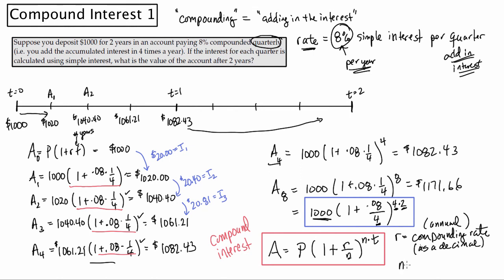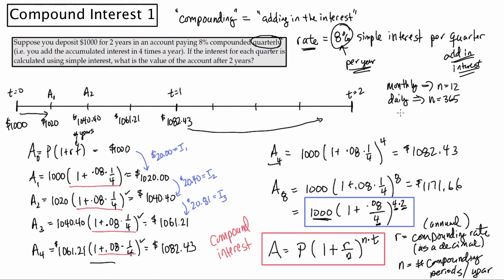N is called the number of compounding periods per year. And so just a quick glimpse at N, if I was compounding monthly, then N is 12. If I'm compounding daily, then N would be 365, or it could be 360, depending on what text you're looking at. 360 is the number of banking days, and so daily could be 365 or 360.